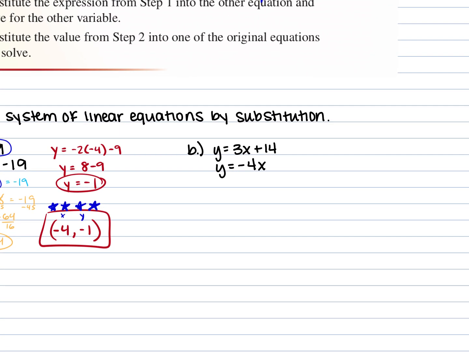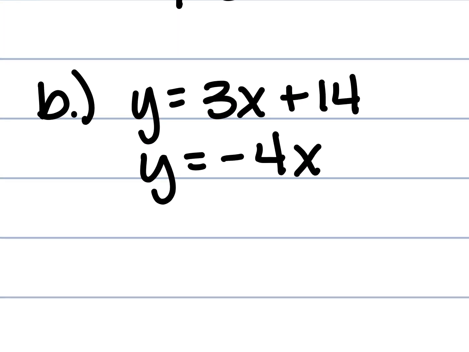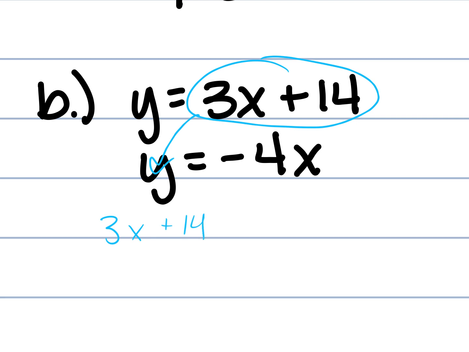Okay, let's do B. So here, do I have an x equals or a y equals? I have a y equals. So I can take what y is equal to and substitute it into the y in the other equation. So we have 3x plus 14 is equal to negative 4x.